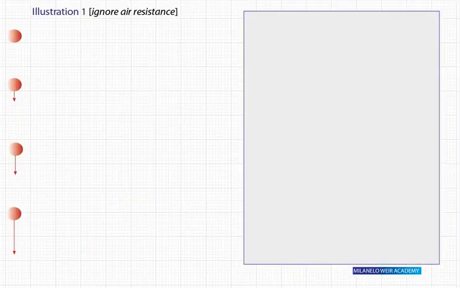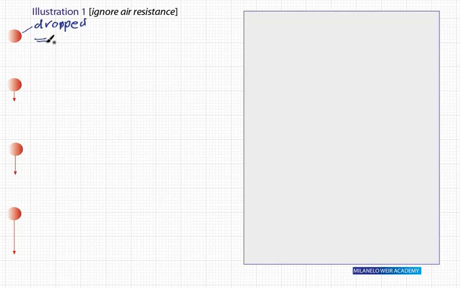Well guys, here is our first illustration. In this case, this object is dropped from this height, right? It is dropped. So initially, at this point, the velocity is equal to 0 meters per second.